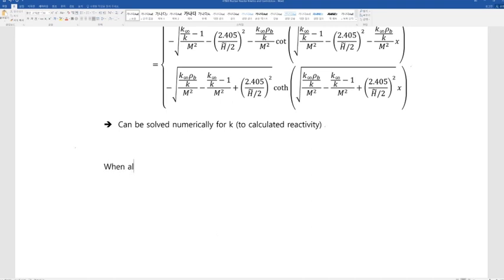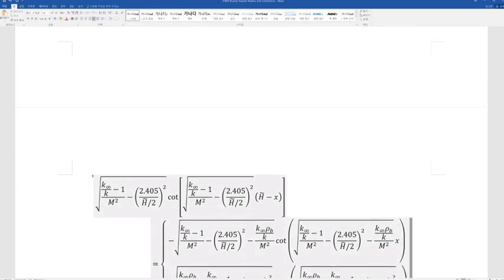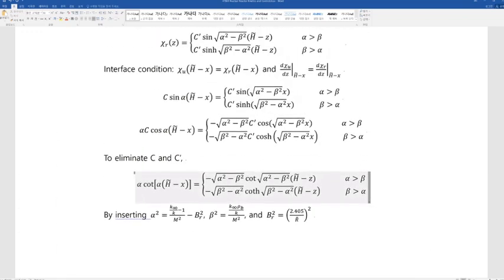When all rods are out, let's find chi u here.